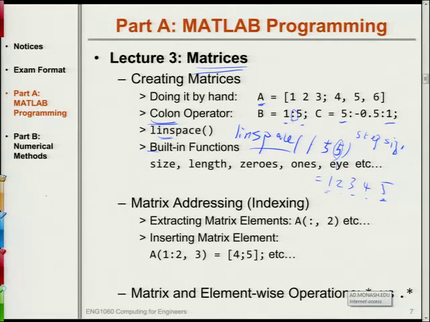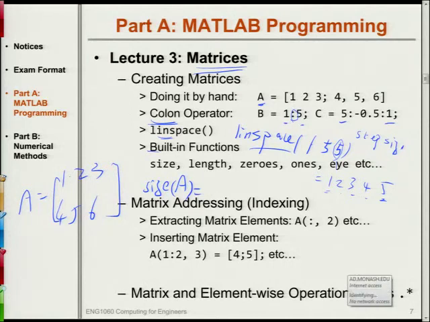If you say size of A, this gives you 2 values. The first value is the row number, 2 rows, followed by the column number, 3 columns. This is what the size function gives you.